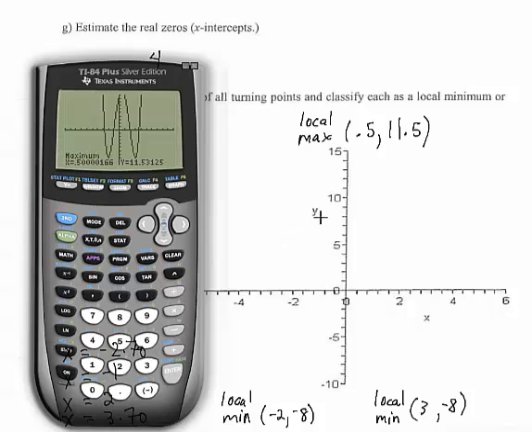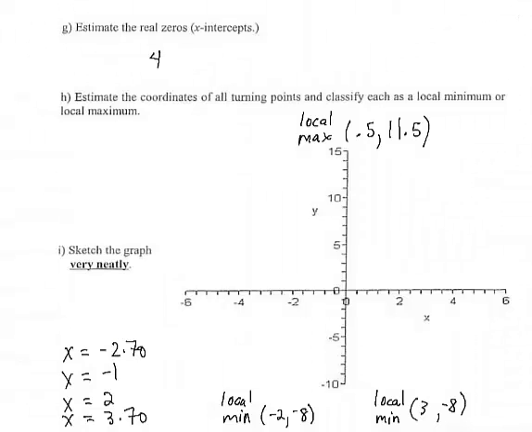So now all we have to do is transfer our x intercepts, plot our local minimums and maximums, and do our best to trace a curve through those points. So here is -3, and I'm going to estimate 2.7 to be right about there for our first x-intercept. The next x-intercept is a -1, halfway between 0 and -2.